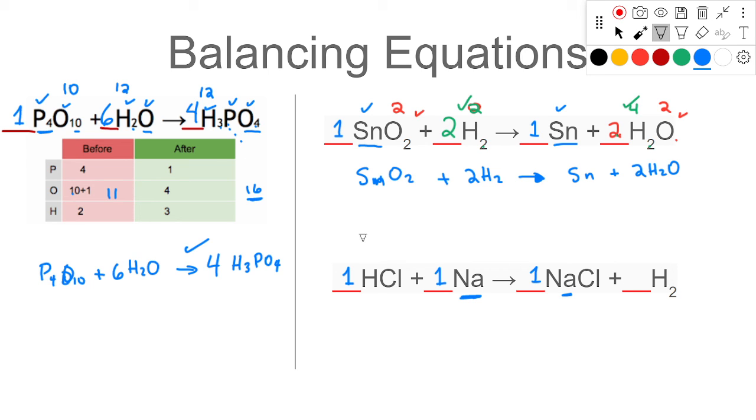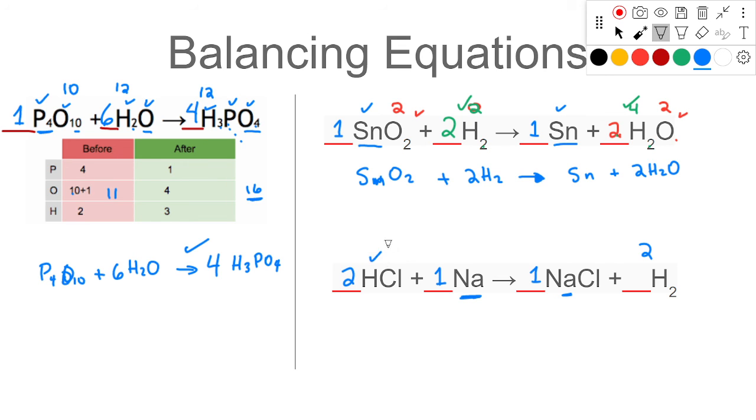And see how I've only got 1 hydrogen on this side and 2 on that side? So that's not balanced. So I'd have to come in here and say, the only way I can get hydrogen is right here. Got to have 2 of them because these come in 2 packs. So let's double up on this first thing here, 2 hydrochloric acids.